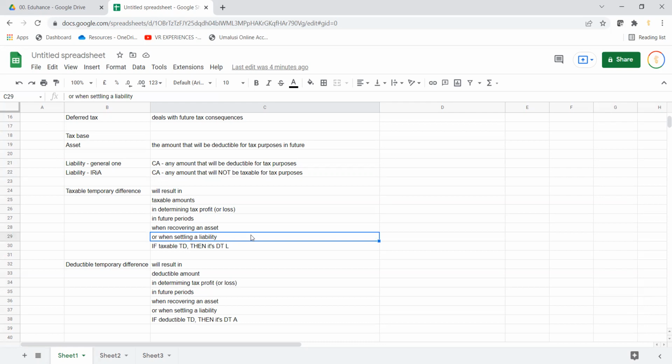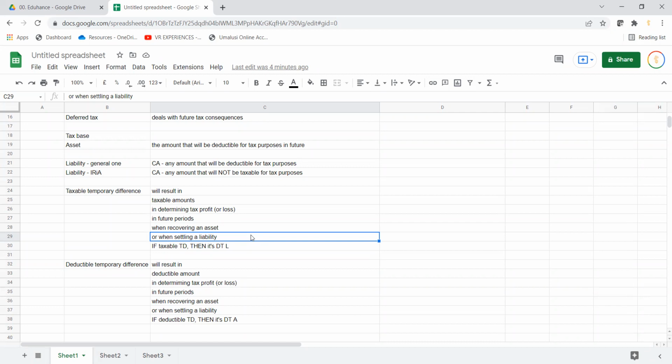Let's just assume you provide some kind of a service. At the end of the financial year, you strike a deal with some customer that you need to provide some services in the new financial year.